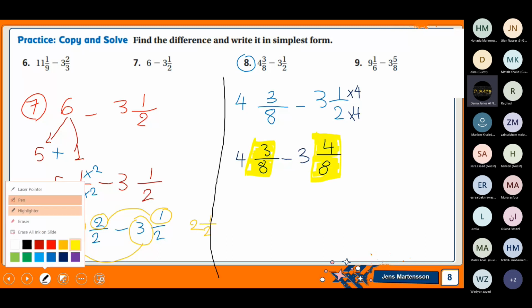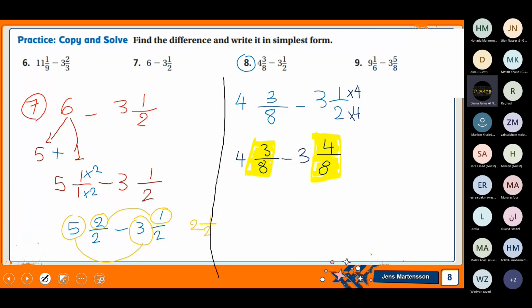Can you subtract 4 from 3? But if you have 3 apples, and I ask you to give me 4, can you? No, I can't. Exactly. You can't.